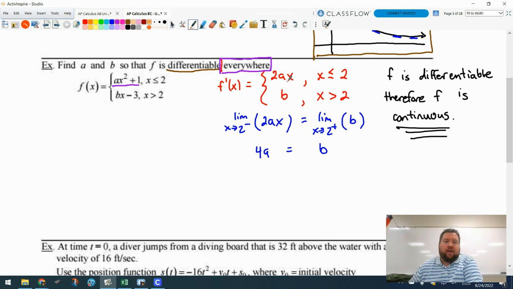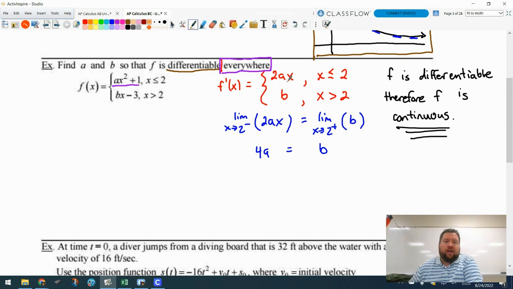This linear function is always continuous, and the derivative of that linear function is a constant, which is always defined. So the only place where this function could be not continuous or not differentiable is where they connect to each other, which happens at x equals 2. So that's why we're focusing in on x equals 2, because that's the only possibility where a discontinuity or a point where the function is not differentiable could occur.